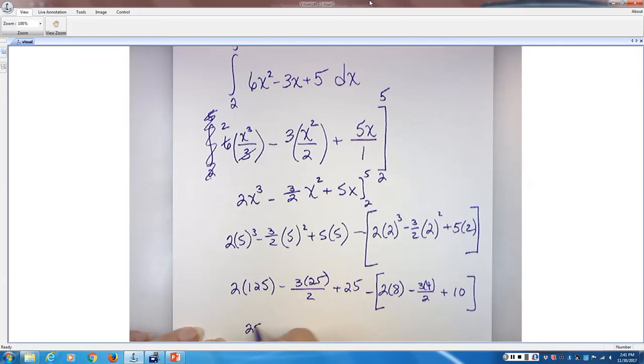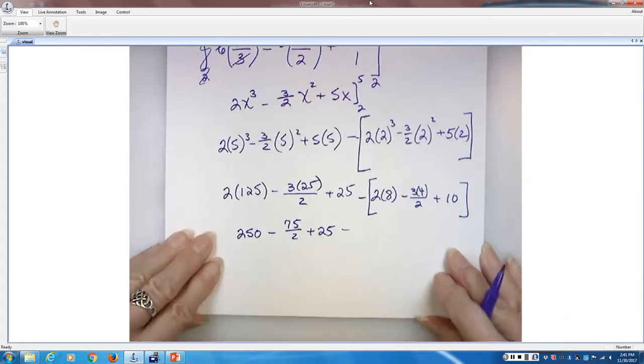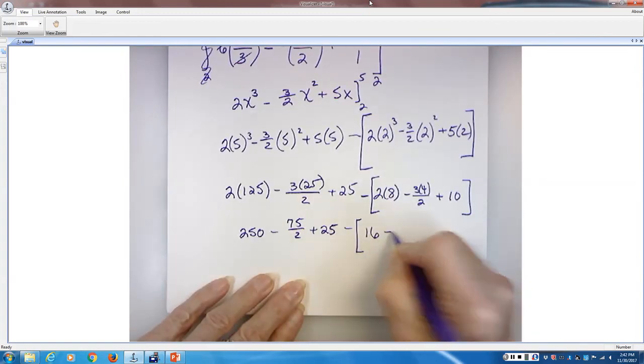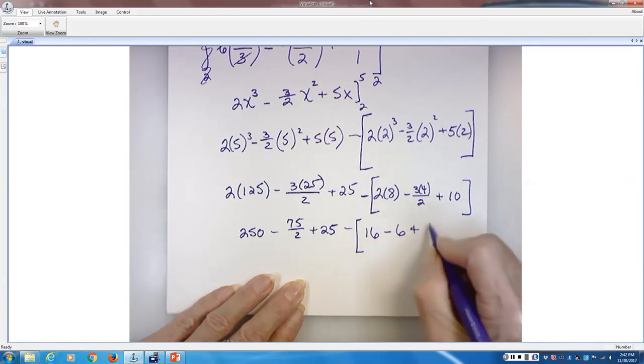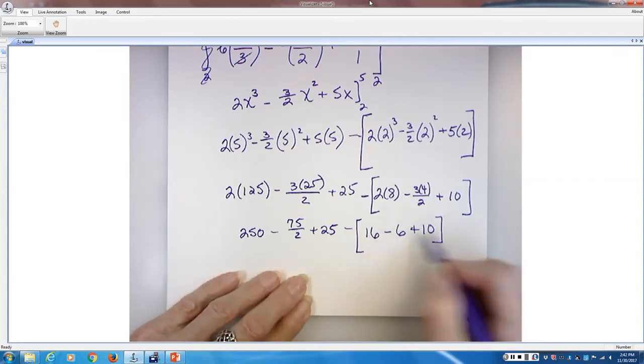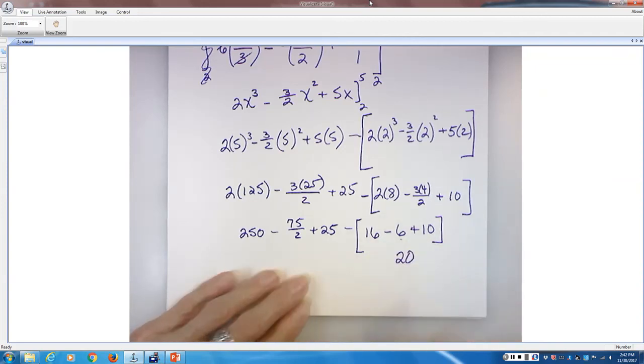So that's going to be 250 minus 75 over 2 plus 25, minus 16 minus 12 over 2, which is 6, plus 10. That's going to be 10 plus 10, which is 20.